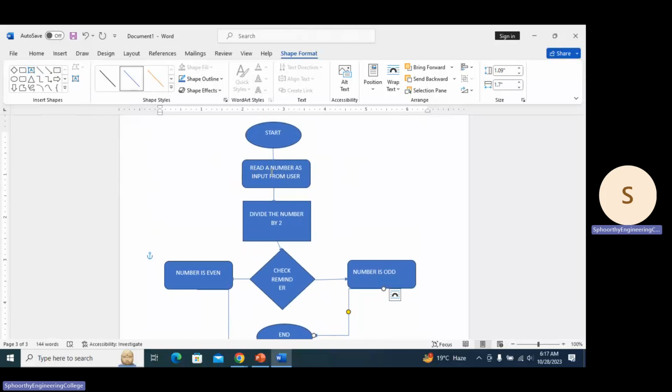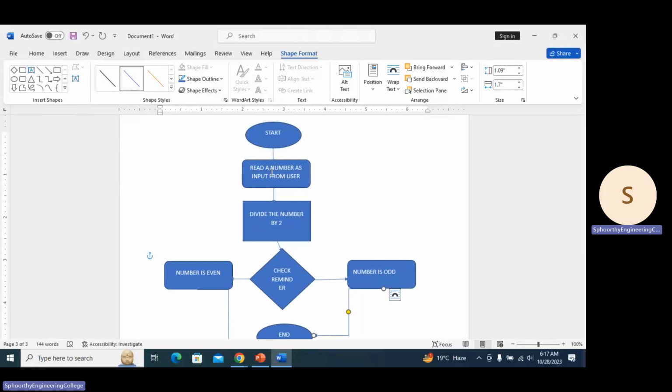So to make a decision, I should use a decision box symbol, the diamond symbol. Division is the operation I performed. What is the next step? I should check the remainder. So I have used the decision box to check the remainder, and based on that I need to make a print statement. When I'm printing something, it is output.